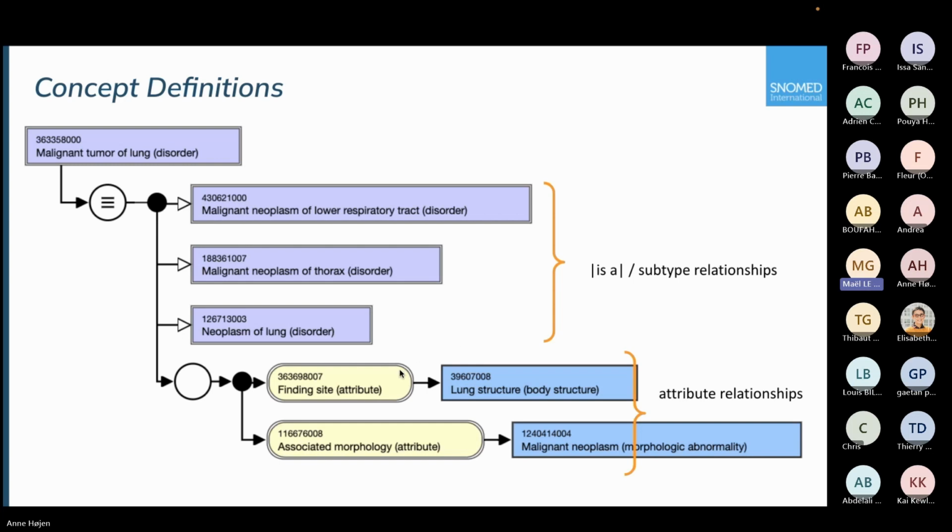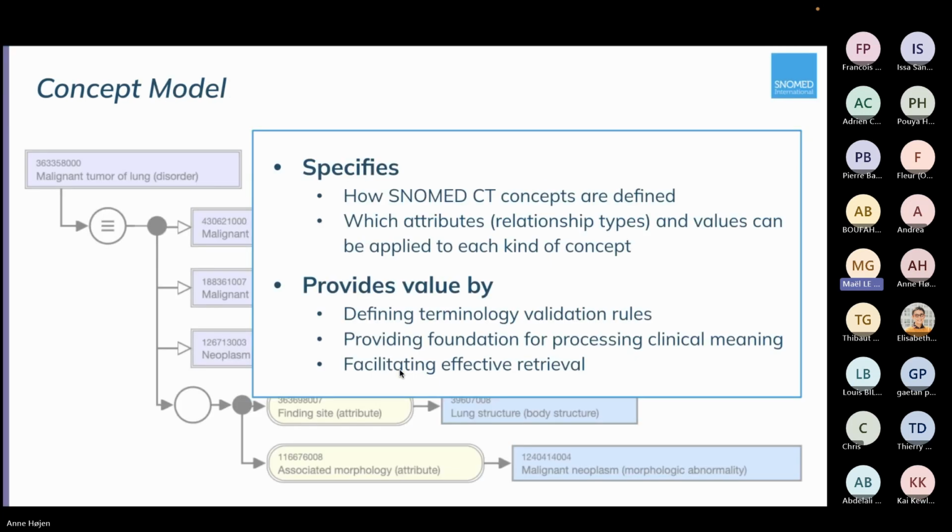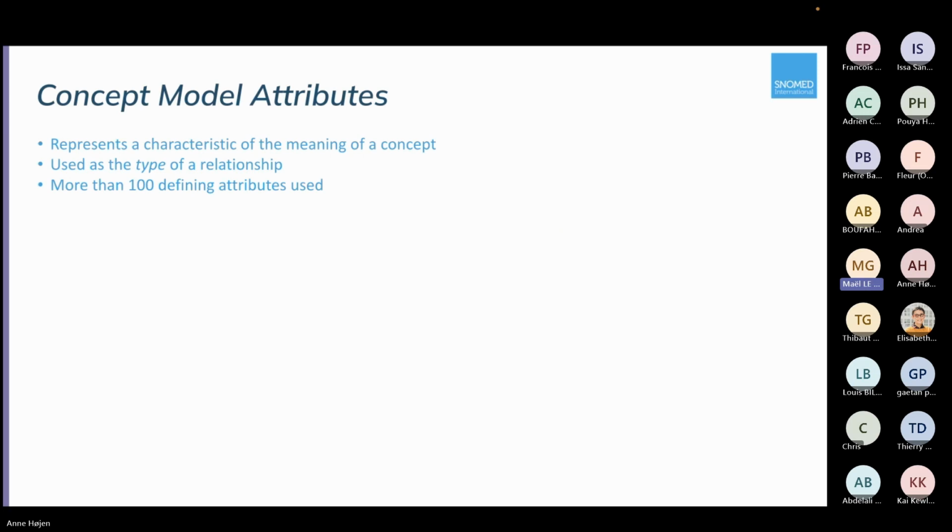That's the semantic relationship. So these concepts are defined using the concept model. I spoke about that earlier. And this concept model provides value because it provides the validation rules. It's the foundation for processing and for effective retrieval, as you would see now.